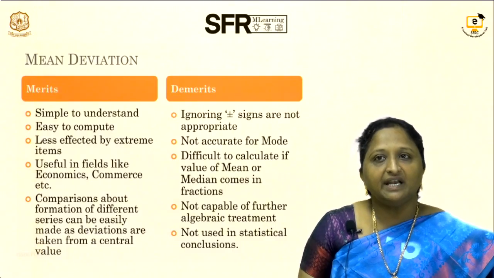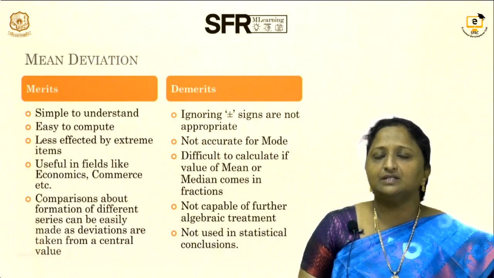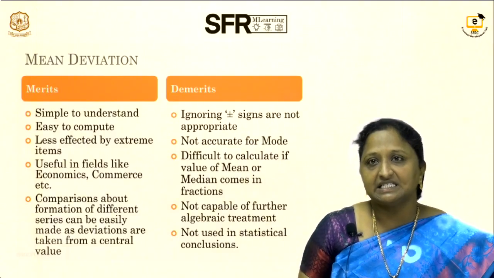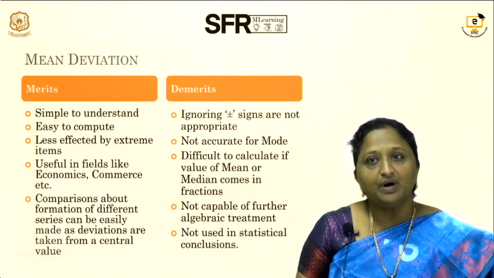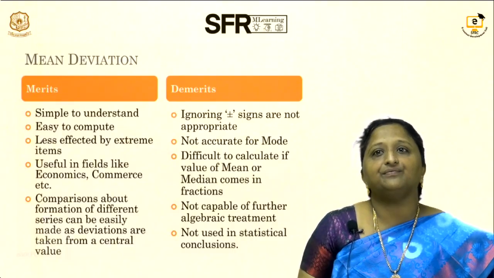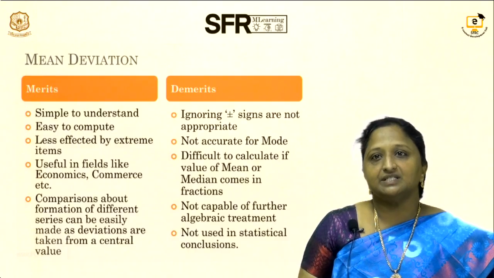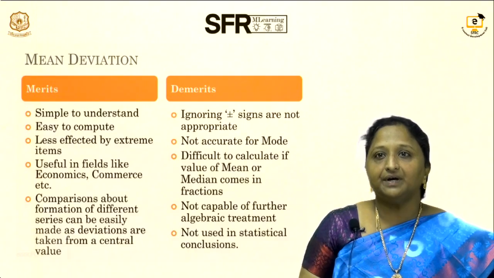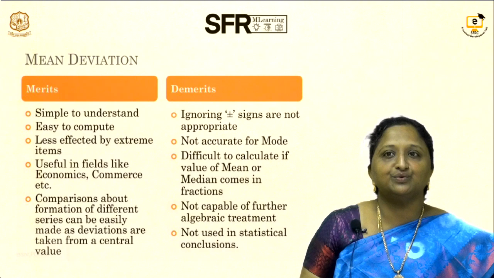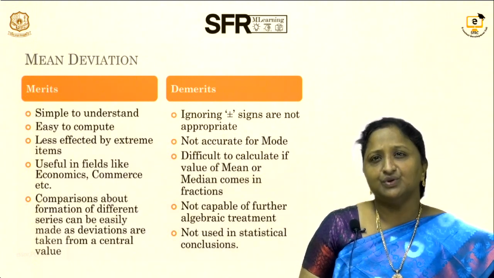Ignoring the plus or minus signs is not appropriate, and it does not give exact values. It is not accurate for mode, and it is difficult to calculate if the value of mean or median comes in fractions. It is not capable of further algebraic treatment and is not used in statistical conclusions. These are the demerits of mean deviation.